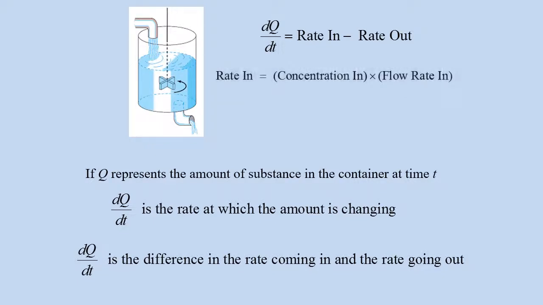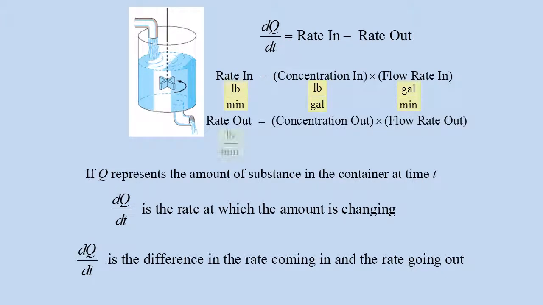So the stuff coming in can be broken down into the concentration times the flow rate. These are usually in units such as pounds, gallons, minutes. The rate out is very similar, and again, this is imperial measures. We could also deal with metric units.